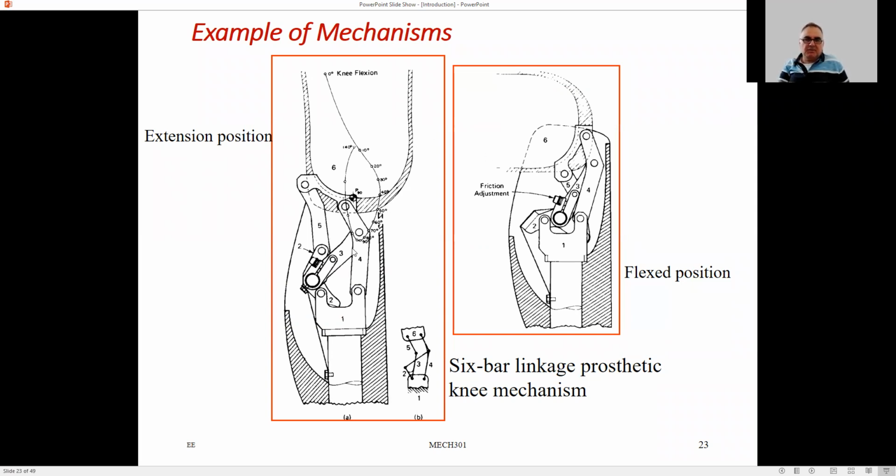If you have a fractured knee or something, you can design a mechanism to replace that knee. Obviously, it's a complicated mechanism. I don't know the details of it, but as you see, it can be inserted in place of that, let's say, fractured knee, so that it can be used for that purpose.